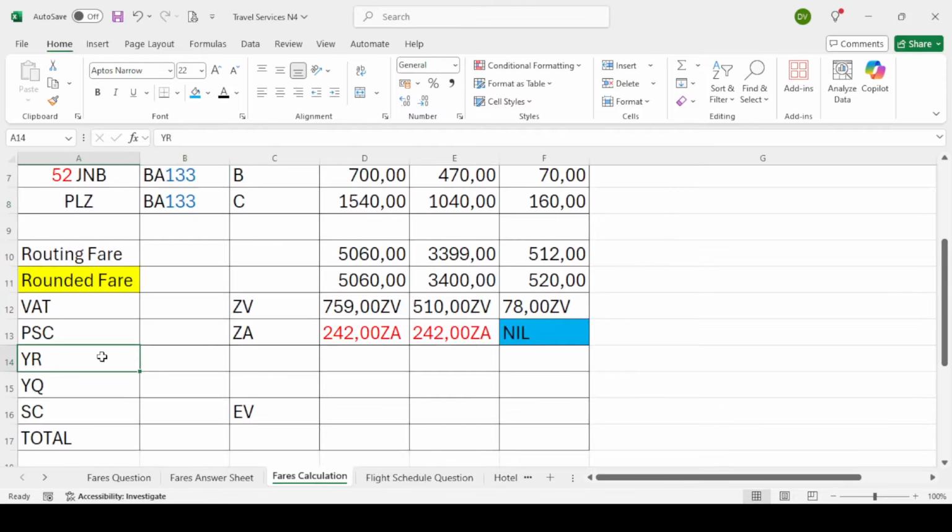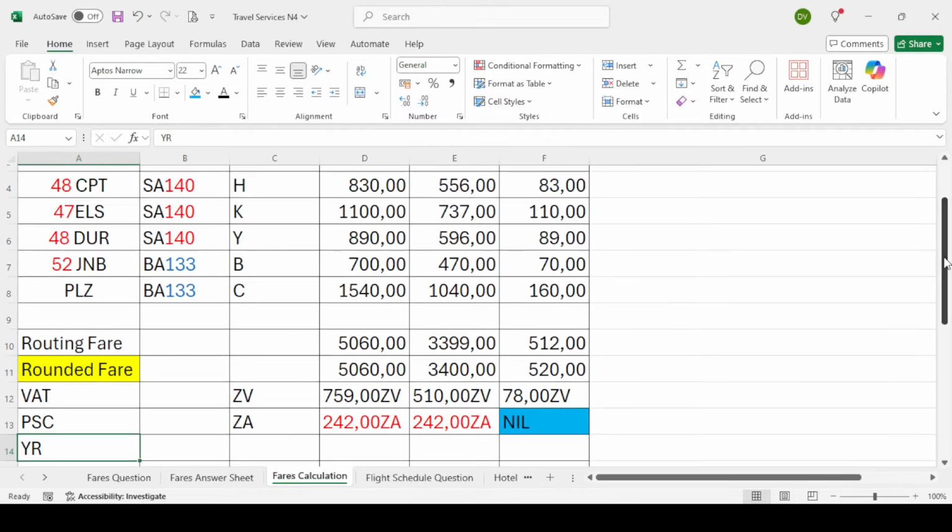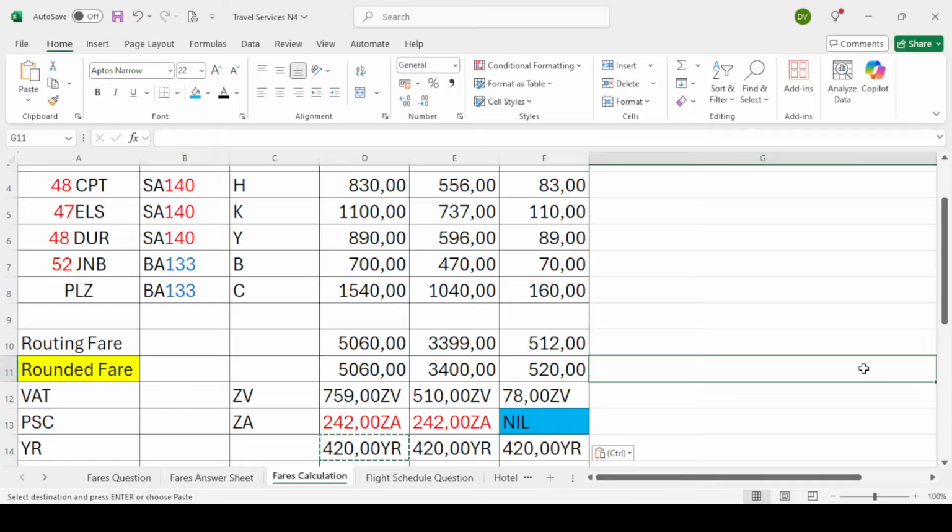For YR, we are adding 140 plus 140 plus 140, giving me a total of 420. And you show your code at the end of the value, YR. Everybody pays this, the adult, the child, and the infant. There's no exceptions.